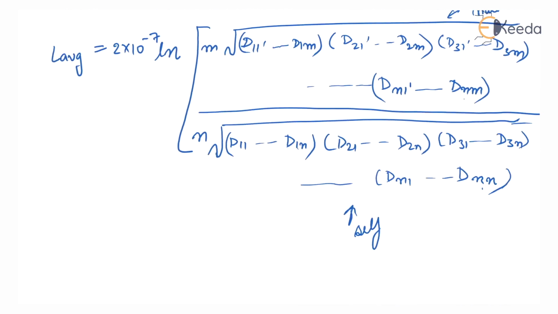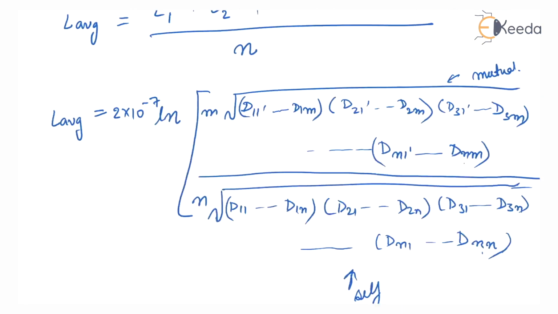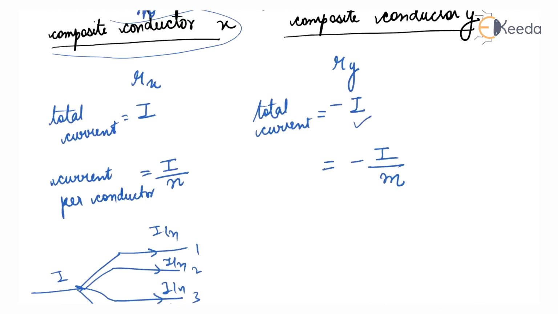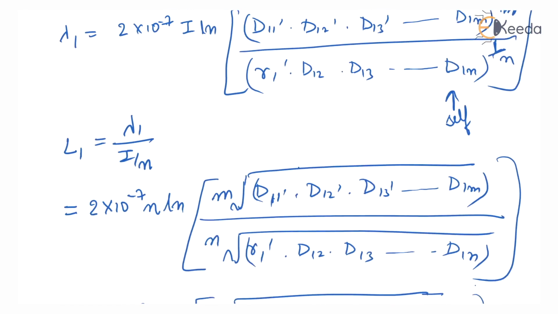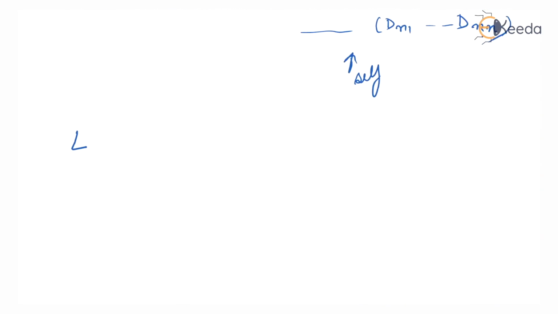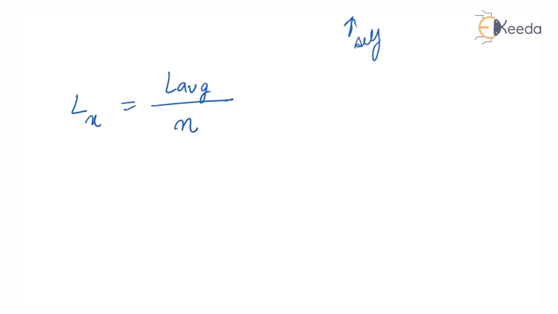Now we have to find out the inductance of group X. So Lx is equals to L average by n. So now Lx, inductance of conductor X, is equals to L average by n. Why L average by n?